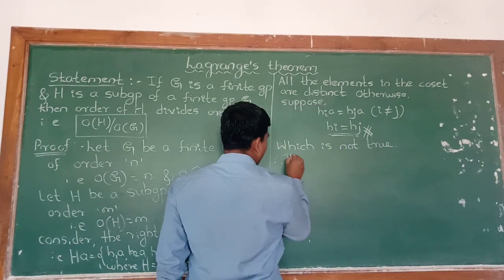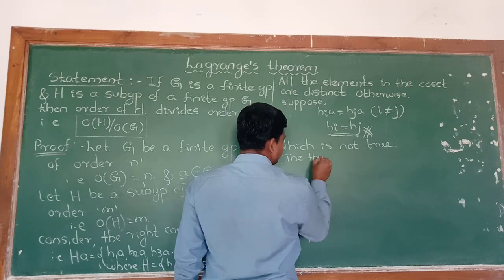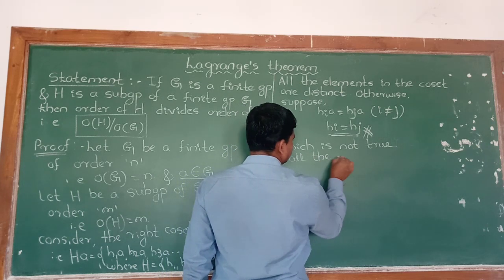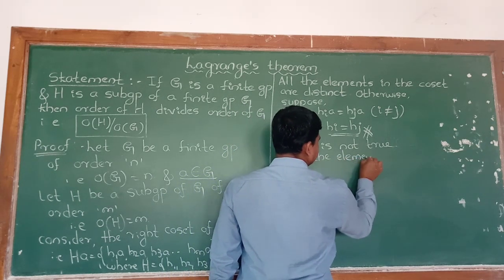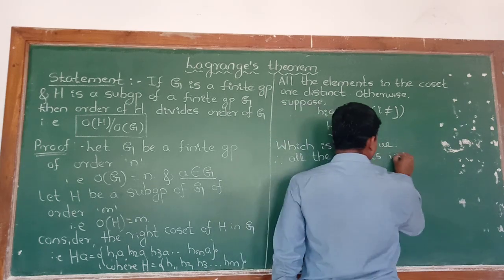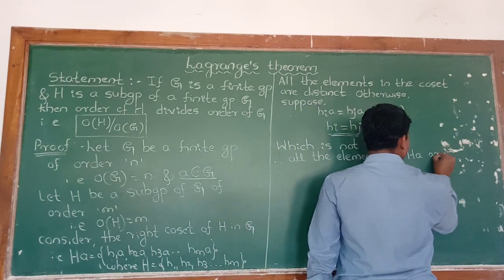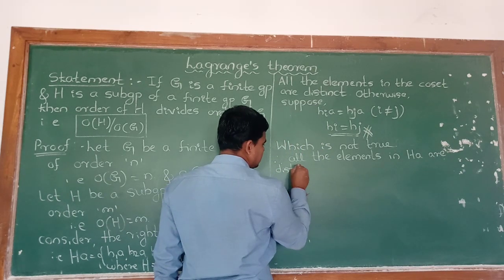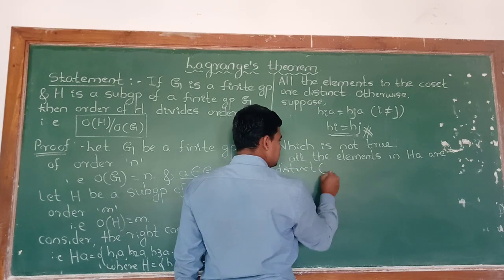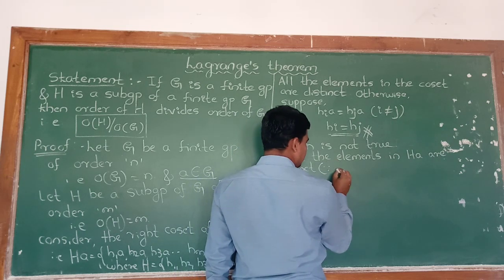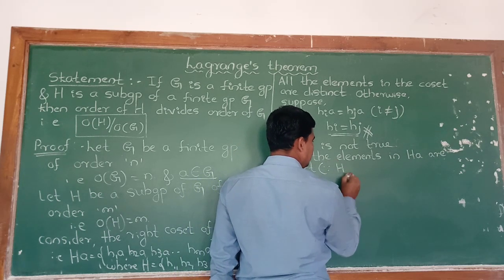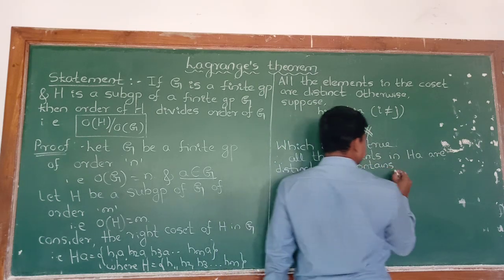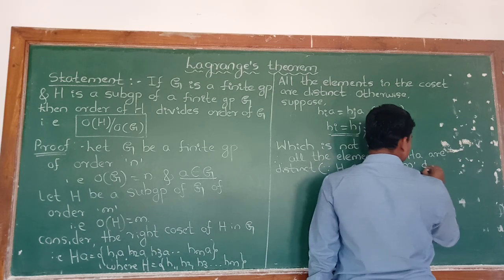Therefore, all the elements in Ha are distinct, since H contains m distinct elements.